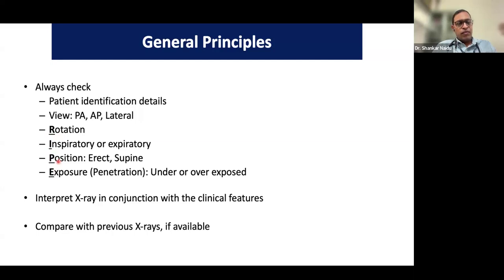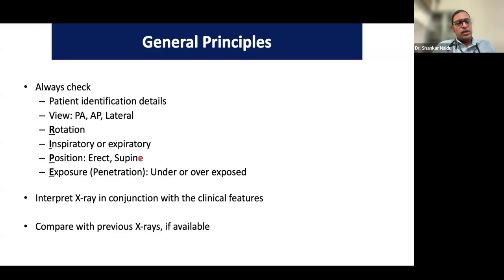For interpreting lung parenchymal changes, we always prefer the X-ray to be done in an erect position. However, when the patient is very sick and admitted, especially patients who are intubated, then sometimes we come across the supine position.